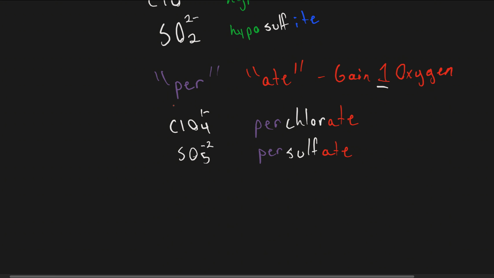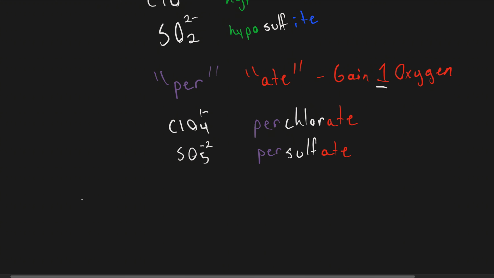So let's do an example really quickly. How could we find out the name of this ion? Let's say we have PO2 with a -3 charge, since it has phosphorus.